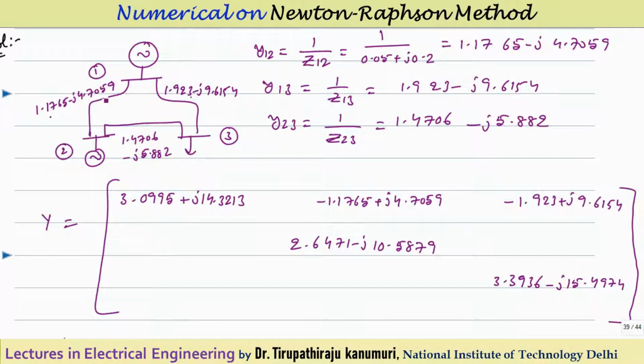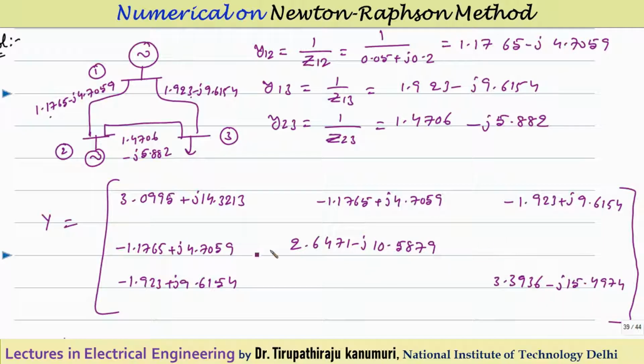Whatever the value coming here, we have to take with the negative sign. We have taken with the negative sign. The same thing, whatever is here, the same thing will repeat here, so I am directly copying it. This will become minus 1.1765 plus j4.7059. And similarly here also minus 1.923 plus j9.6154. So this is done.